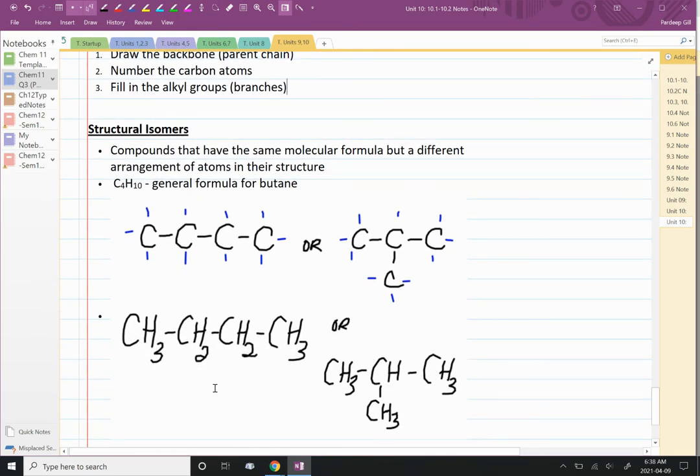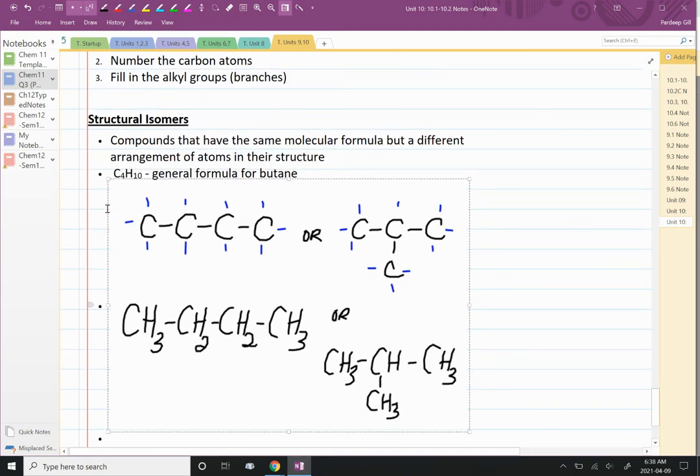One last thing here before we finish up. Something called isomers. Structural isomers are compounds that have the same molecular formula, but a different arrangement of atoms in their structure. Okay, so if you look at butane, C4H10, 1, 2, 3, 4 carbons, and then you have hydrogens all the way around.